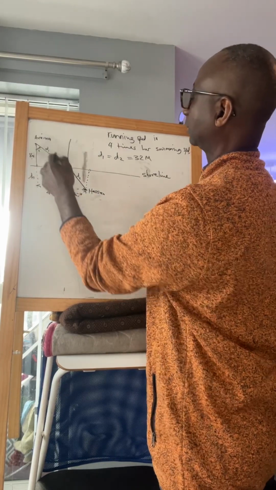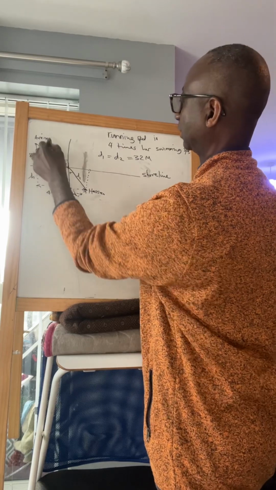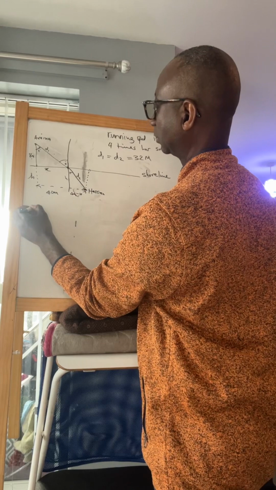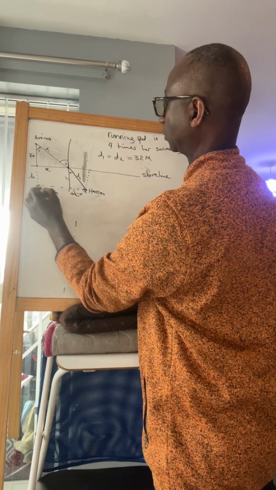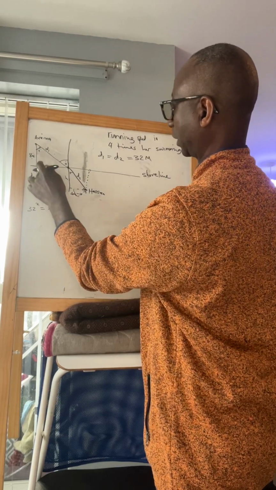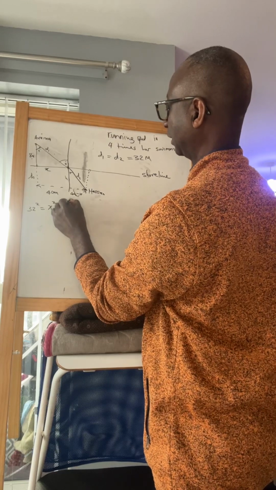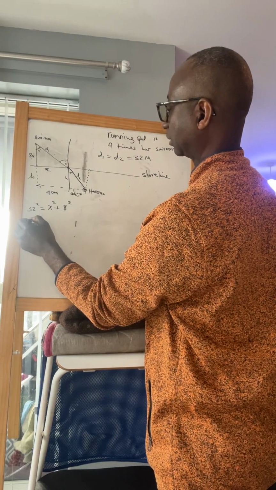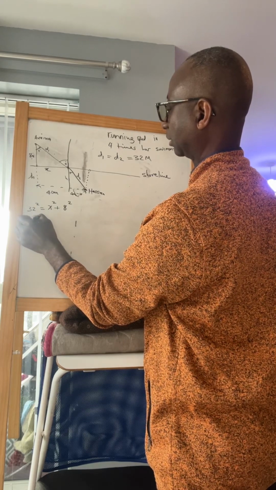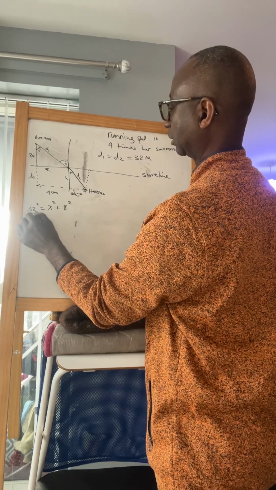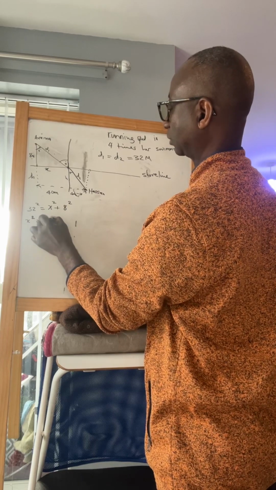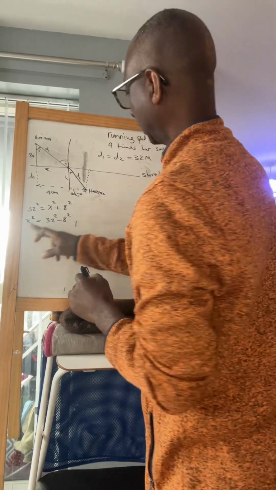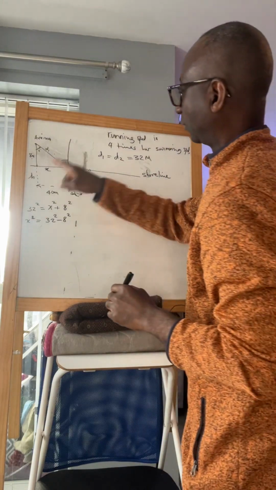But from here, we've already got d1, which is 32 squared equals x squared plus 8 squared. So x squared is equal to 32 squared minus 8 squared. Let's leave it that way. That is the value of x squared.